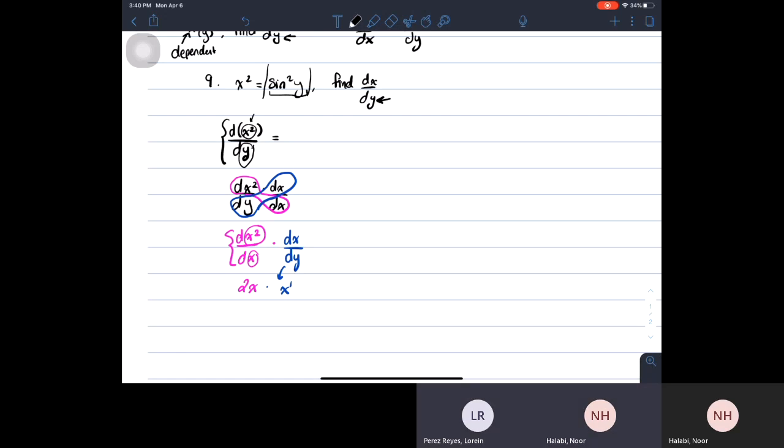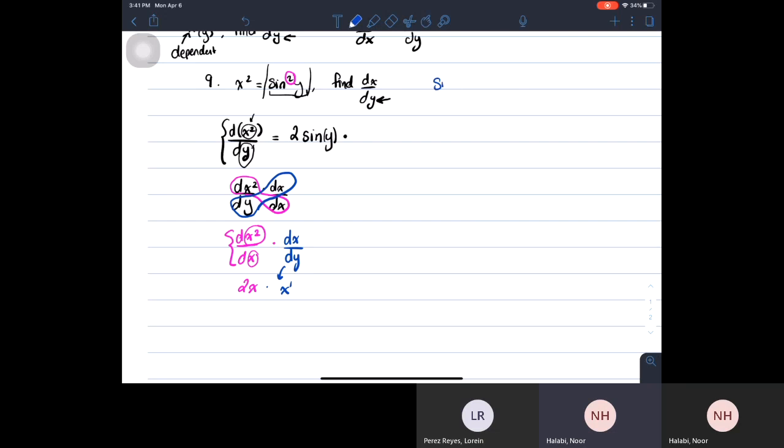Exactly. But first you have to notice that there is a square, so this square gets dropped down first. So it becomes 2, and then we keep sine of y intact, times... let's write this in a different way actually before we proceed.